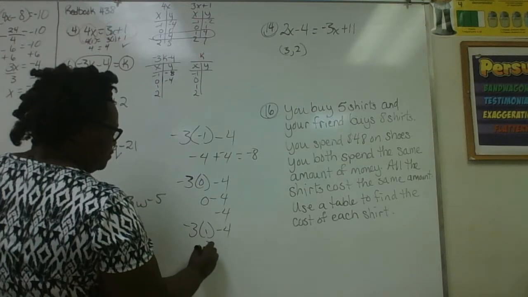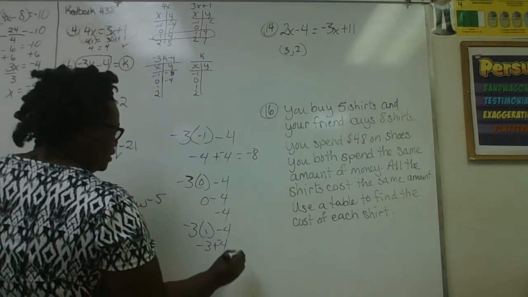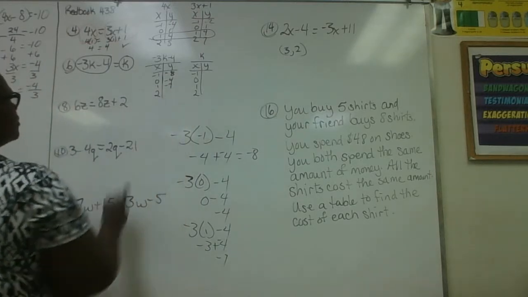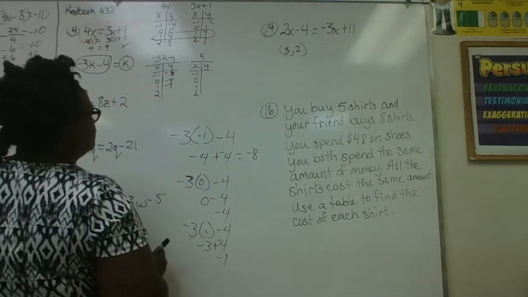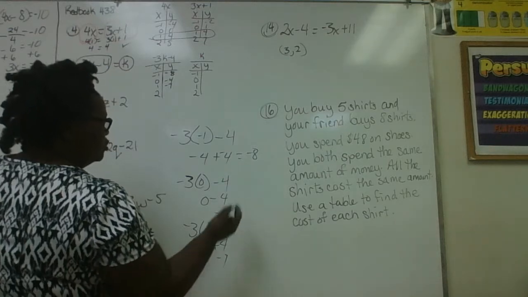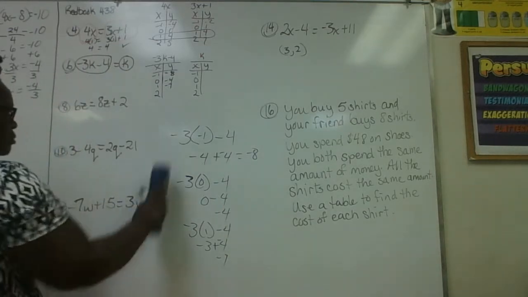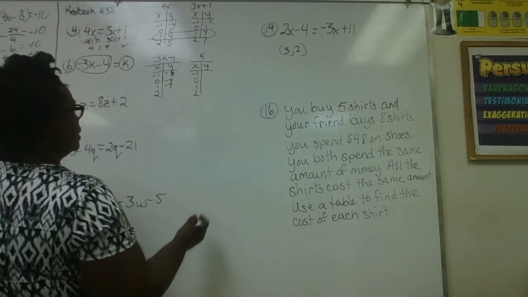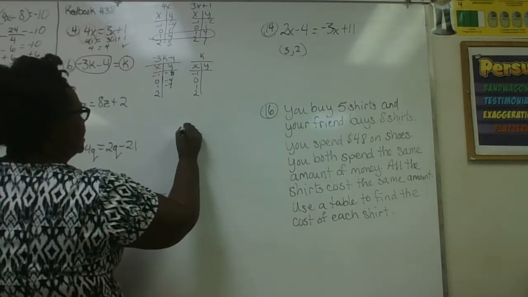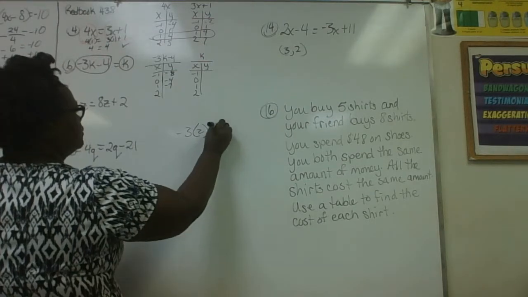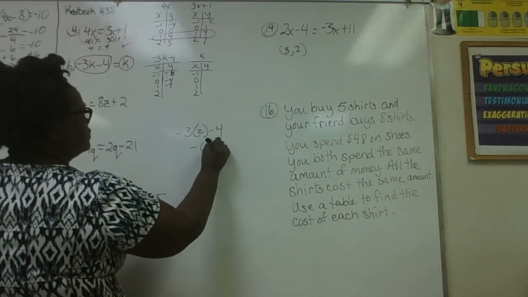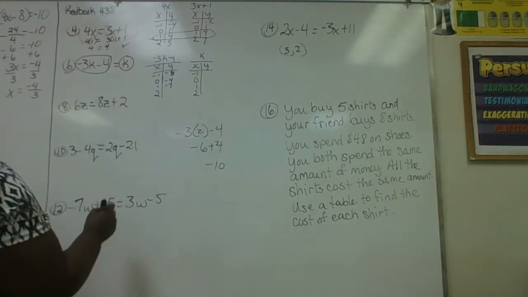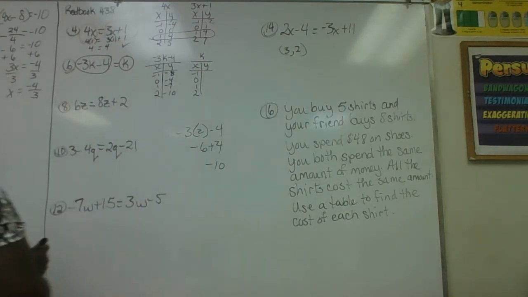This would be negative 3 minus 4, which would give us a negative 7. And then if we have a 2, negative 3, 2 minus 4, this would be negative 6 minus 4, which would give us negative 10. So we keep going up in value.